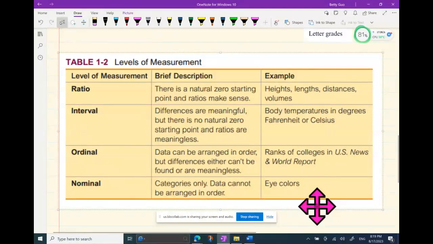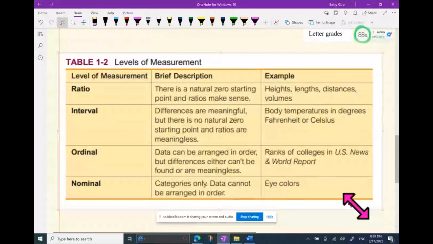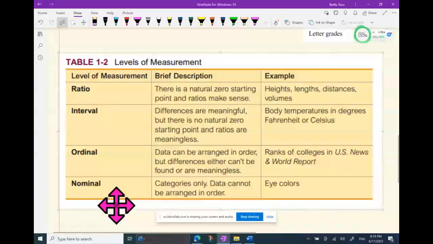How do you arrange eye color in order? No, it's just different categories, right? Any examples about nominal? Brainstorm. Any examples about nominal? Represents different categories but cannot be arranged in order.